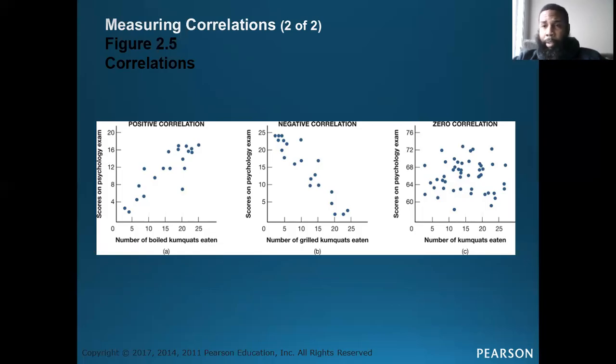Now, perhaps there is some variable that this is working through. Perhaps there's some unknown force that's manipulating both of these variables. Something could be happening to cause this relationship, just like in this grid here. Something could be happening to where there's no relationship between the two variables in the zero correlation, right?